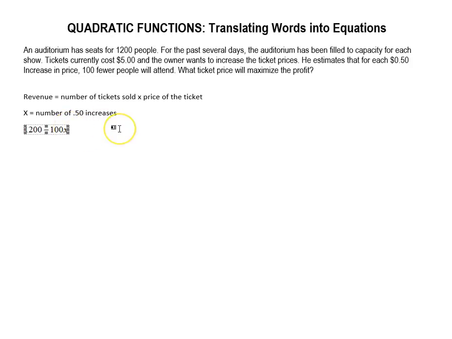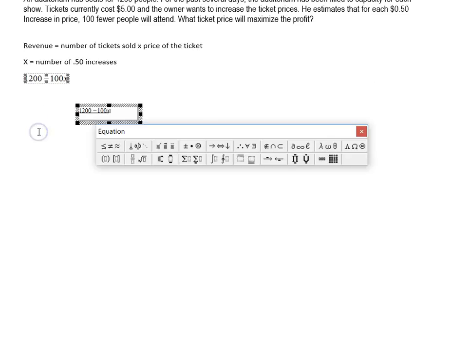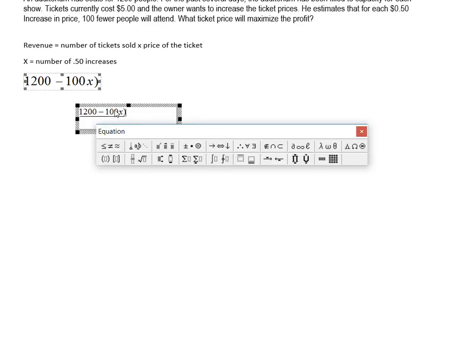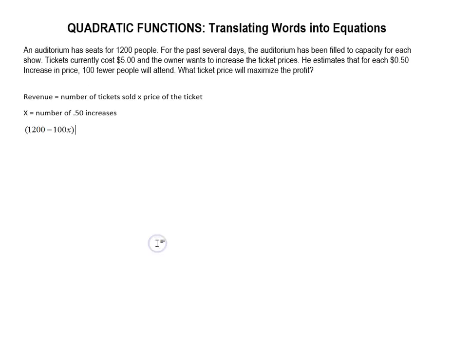If I put in 2 increases, then according to my expression, 200 fewer people, so now I've only sold 1,000 tickets. Okay, so let's put that in parentheses. So that's one of the things I can translate. That would be the number of tickets being sold, right?